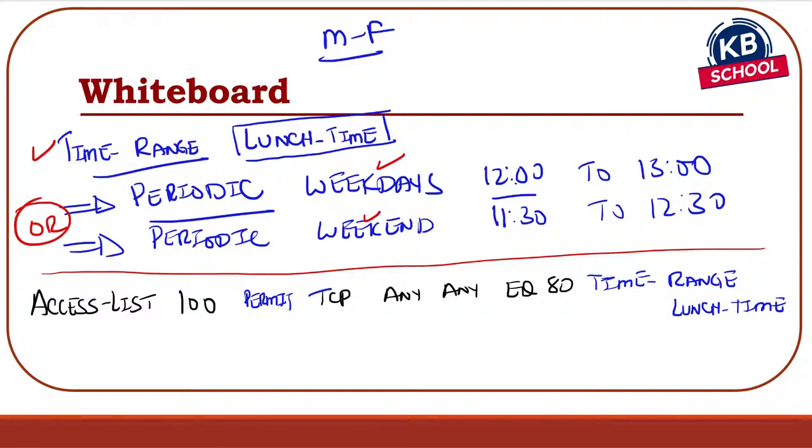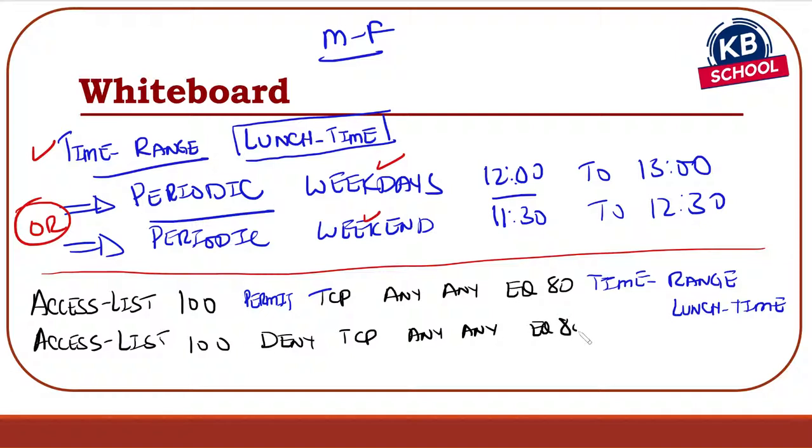Now for the rest of the time, what do I want to do? Deny TCP any EQ 80 without any time range. So the time range is specifically applied to the first line.